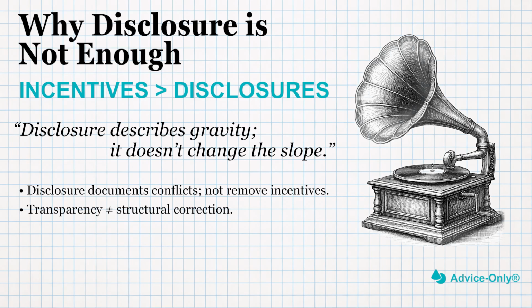Regulatory enforcement actions consistently demonstrate that disclosure alone does not neutralize conflicted advice. In multiple cases over the past several years, firms have disclosed conflicts accurately while continuing to operate compensation and promotion systems tied to enrollment, retention, or asset control.